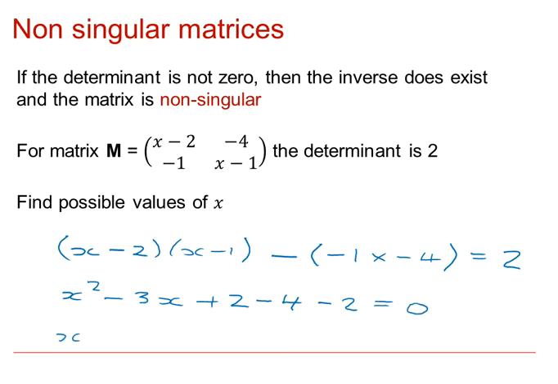This leads to x squared minus 3x minus 4 equal to 0, and factorising this leads us to x minus 4, x plus 1 equals 0, giving us x equal to 4 or minus 1.